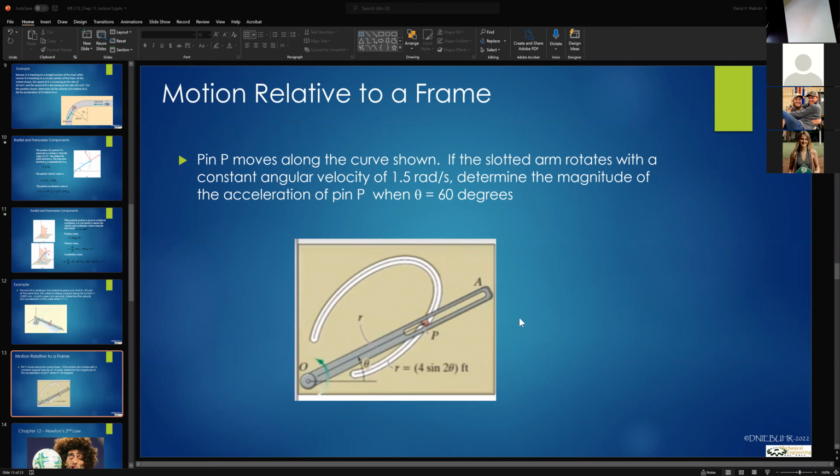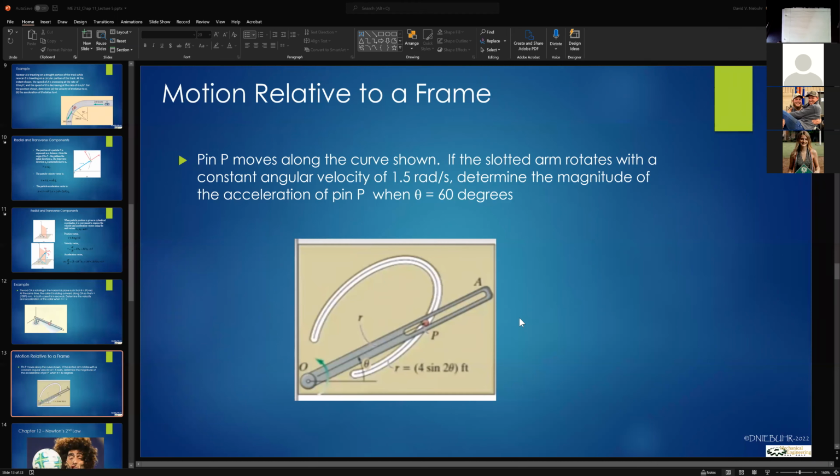We have a pin P that moves along the curve shown. And so that curve is defined by that equation, R equals 4 sine 2 theta, and that's in feet. And then we're just given the arm rotates at a constant angular velocity of 1.5 radians per second. So how do we solve that?